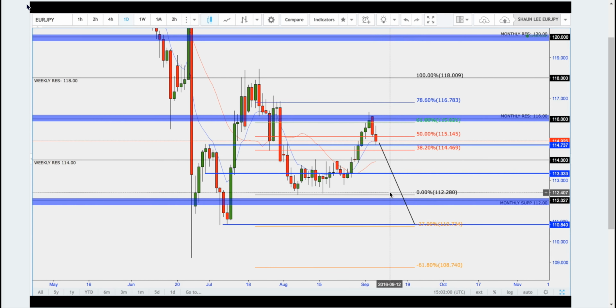Once we've done all of that, then we can start to refine the entries. So this is how we can use Fib in alignment with everything else we've gone through for high probability trade setups.